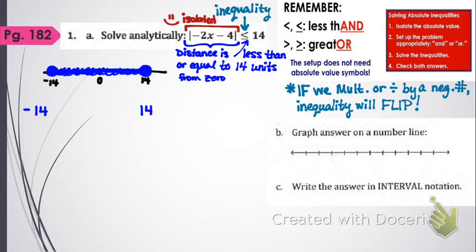In between there is my absolute value. In here is where the absolute value lives. So I would have negative 2x minus 4 in between those two boundaries.